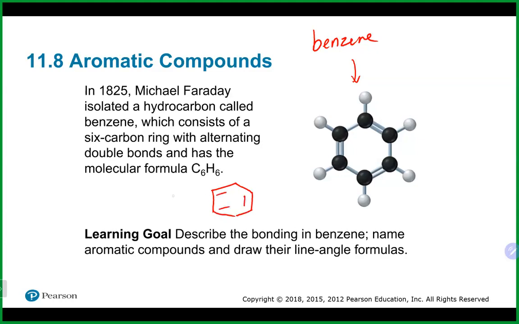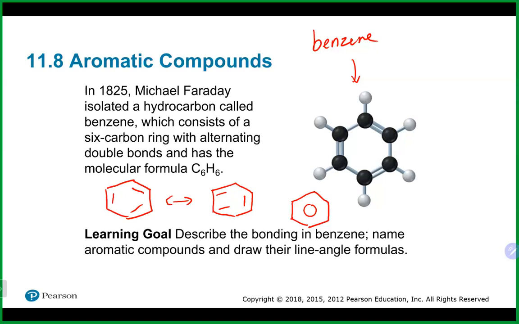So it's either that, or you could draw a resonance structure where it looks something like this, double bonds over here. And a lot of times in our book, they will draw a benzene ring with a circle in the middle. And that's because those double bond electrons are basically moving around. So at any given point in time, it could be like the guy on the left, could be the guy on the right. So sometimes we'll just draw a circle in the middle.